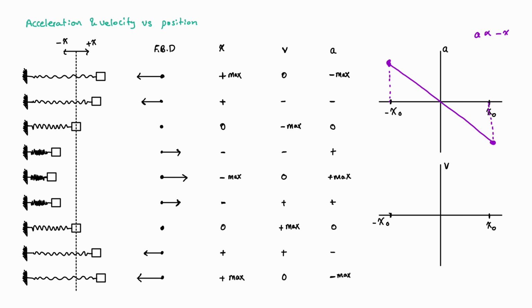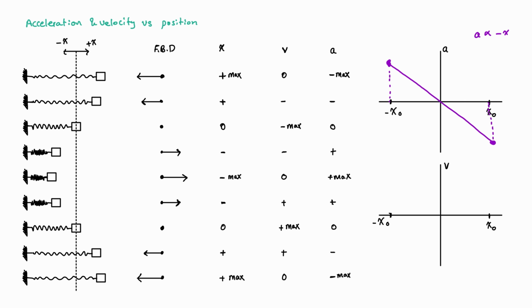Whenever the object is in the negative position, for example here, it's experiencing a very high acceleration towards the right, the positive direction, and as the displacement decreases, that value of acceleration decreases as well. And this would mean that the acceleration is not constant in simple harmonic motion.